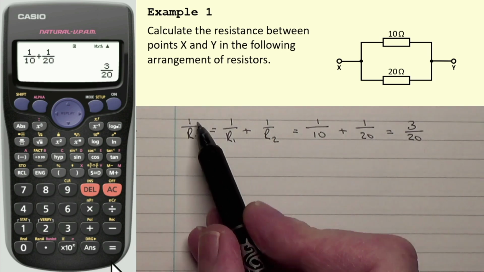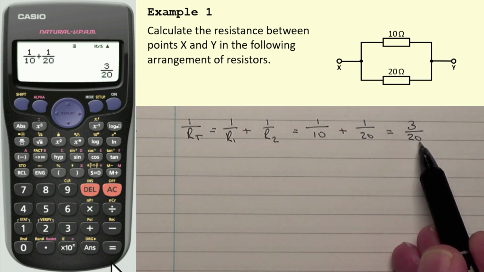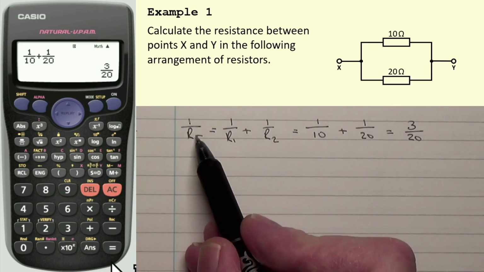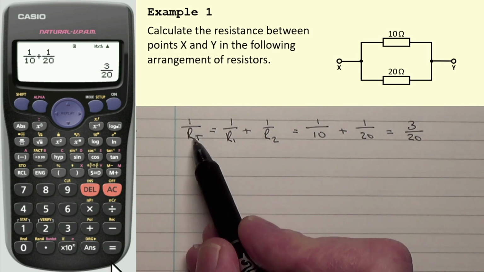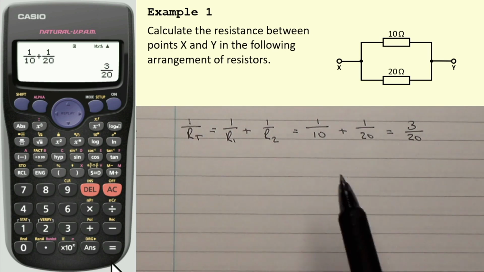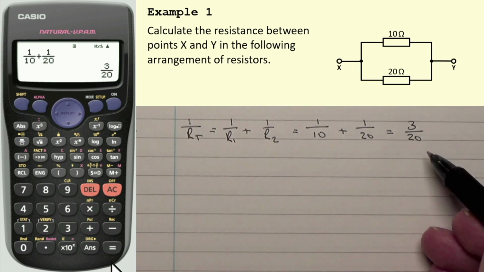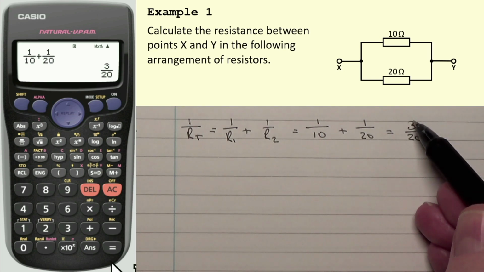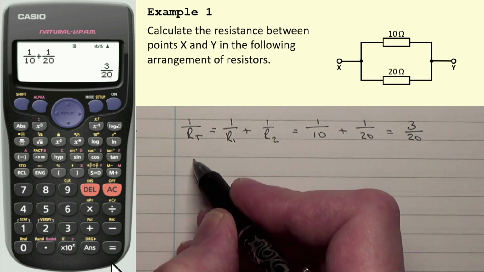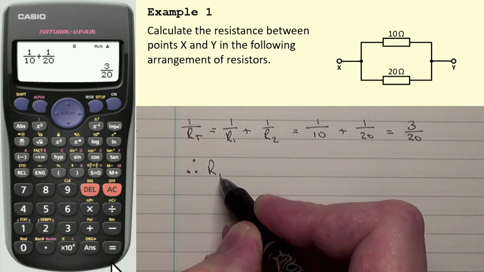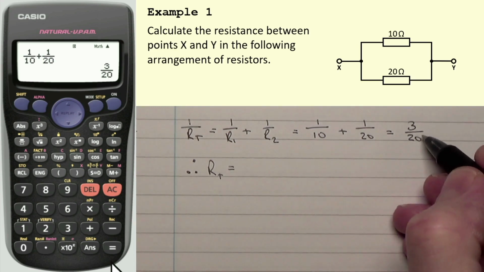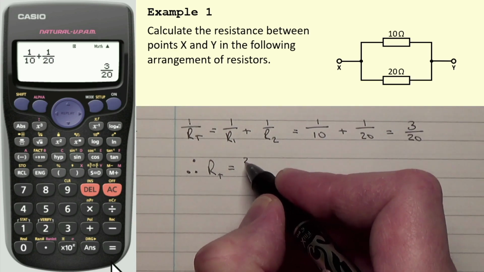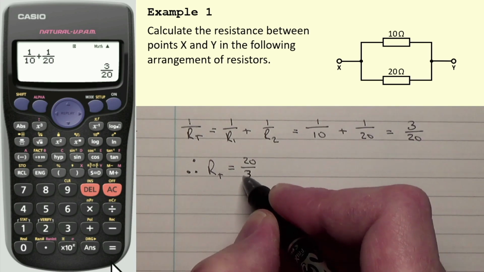So the important thing is if 1 over RT is 3 divided by 20, to find RT I just want to flip this upside down, and that'll give me RT. So that means I need to flip this side upside down as well. So therefore, RT will be equal to 20 divided by 3.